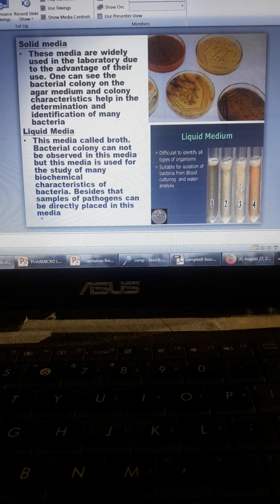Usually, sa liquid medium, usually identification of the change of the color of the medium. Okay, sa liquid. So, usually kung cloudy na siya or more cloudy siya, for example, makita mo siya, nagbutang ka ng sample mo dyan sa liquid broth. So, kung more ang turbidity, kung turbid, kung cloudy na siya, meaning there is a presence of bacteria. So, that is already identification. Okay?